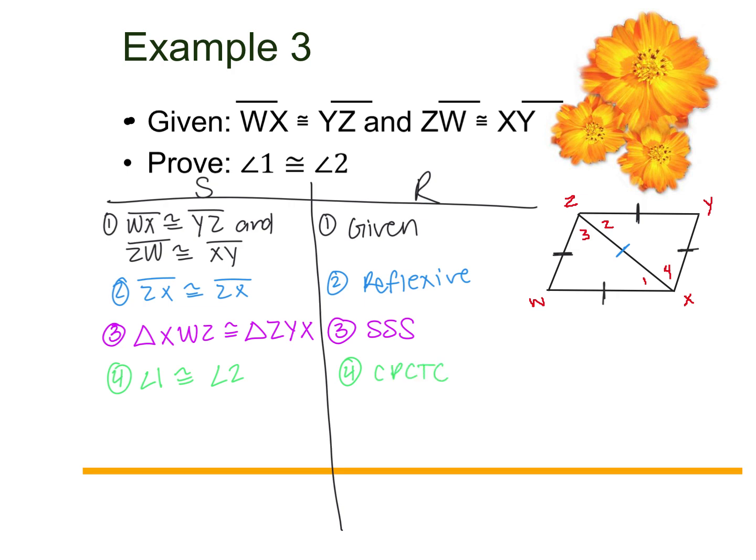CPCTC. Okay, so what you guys need to understand is once you get here, which I feel like we all know how to get here by now, we should all know how to show our congruency theorems. Once you get here and you've labeled those 3 things that show you it's congruent, you need to state which congruency theorem you used. Because once I state that congruency theorem, that means everything here is congruent.